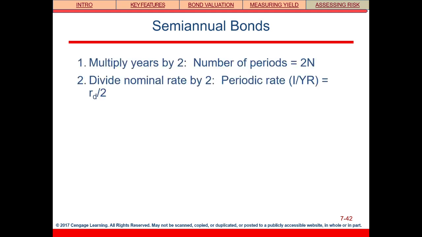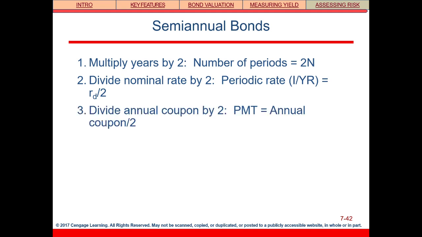So we know that if we do semi-annual compounding, there are three variables that need to be adjusted. The first one is the n. If n is the number of years to maturity, if it's semi-annual compounding, we have to multiply years by 2 to get the number of periods. Now it's 2 times n, right?